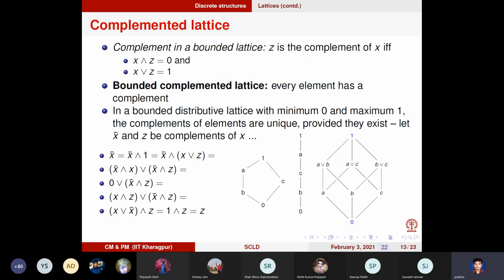If you invert the lattice and give the 1 to the bottom and 0 to the top, which is equivalent to replacing 1 by 0 and meet by join, you get the same structure. It's symmetric with respect to this substitution of 1 by 0 and meet by join. It's the same lattice.